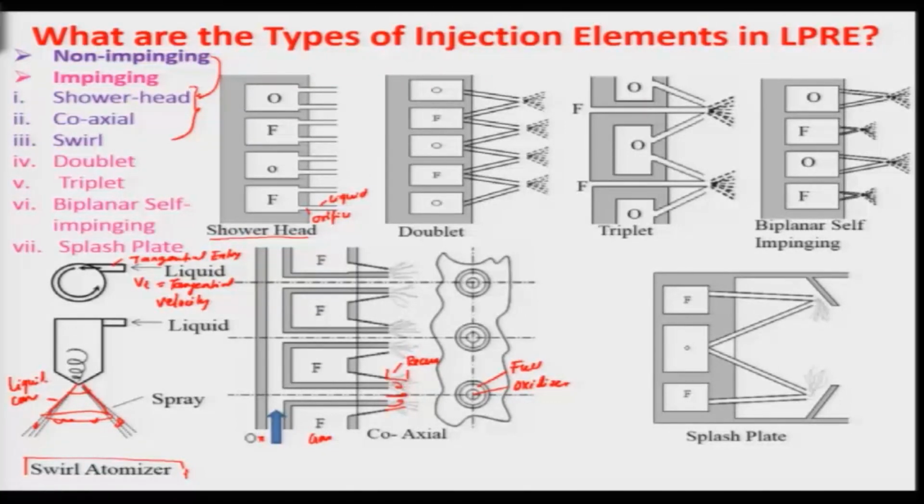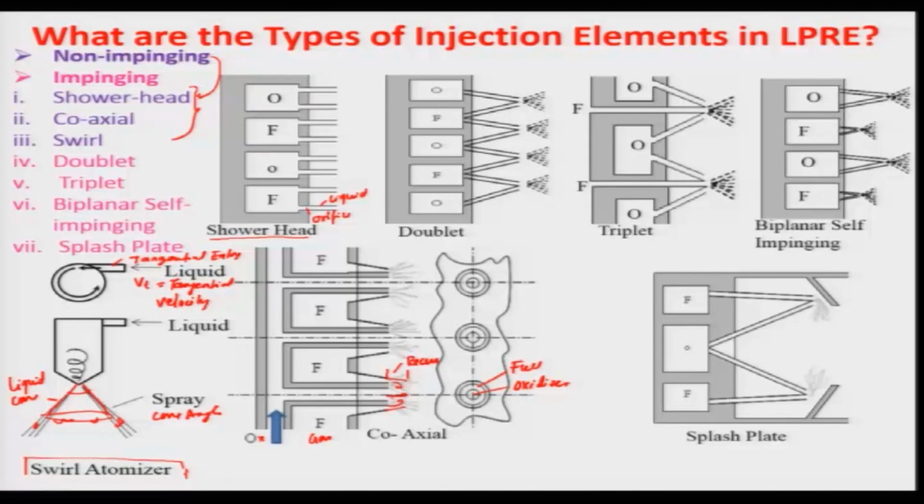And keep in mind that the spray cone angle will be decided by the amount of swirl angle provided. So, this is used very much nowadays, and it can be used along with the coaxial atomizer.